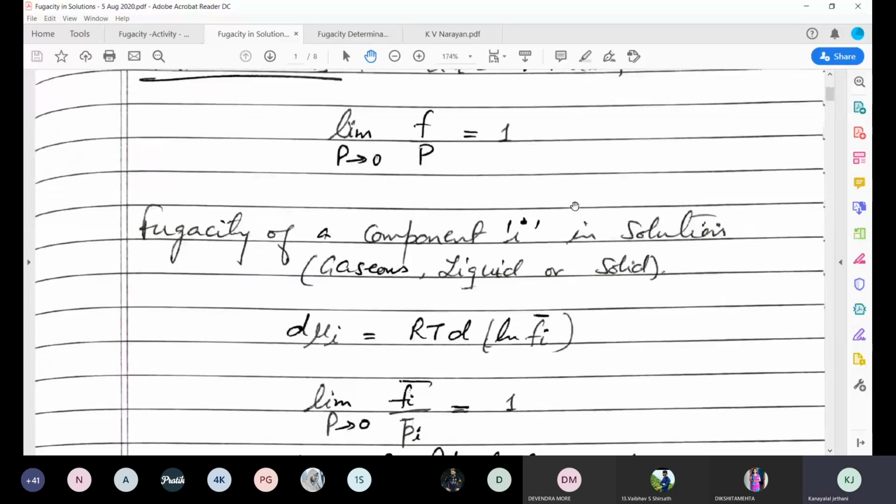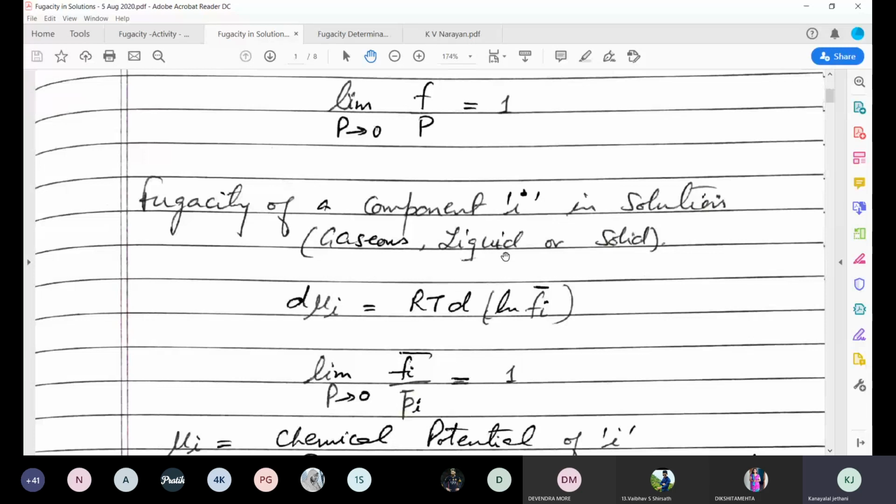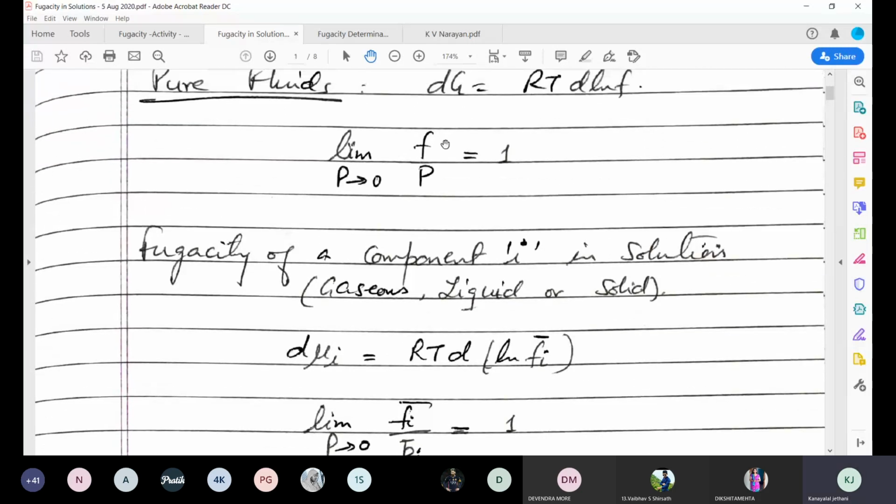Okay. So fugacity of component i in solution could be gaseous, liquid or solid. We can write instead of dg it will be d mu i, because for solution we have to write for a component d mu i, chemical potential, is equal to RT d ln fi bar.